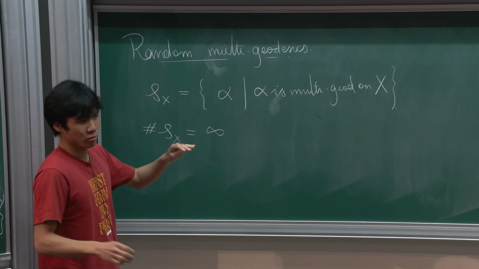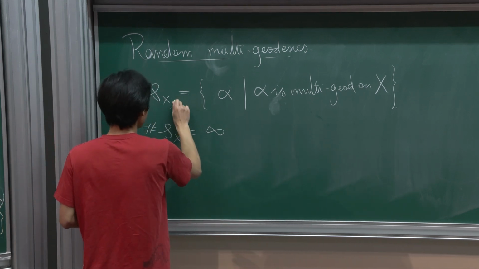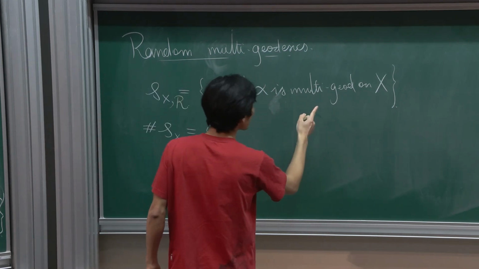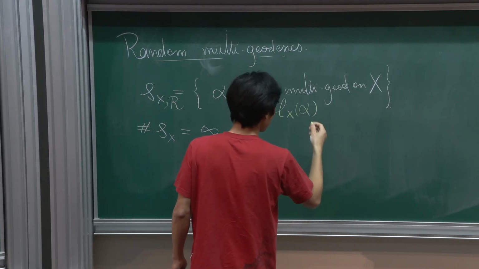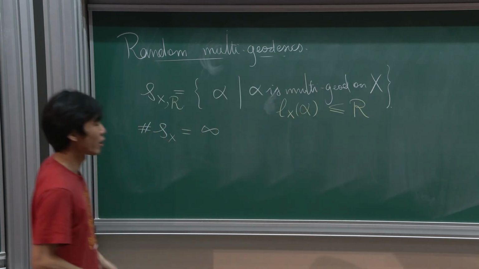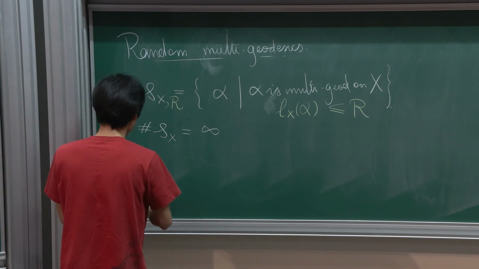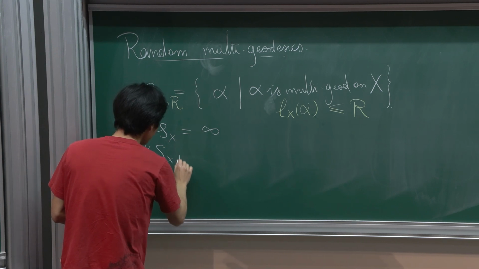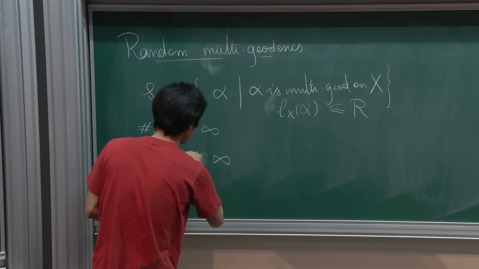We'll define some complexity function, which is the length here, which means that we'll just pick those geodesics whose length is not very big, bounded by a certain number r. The number r can be huge. And luckily in this case, this set has a finite cardinality.